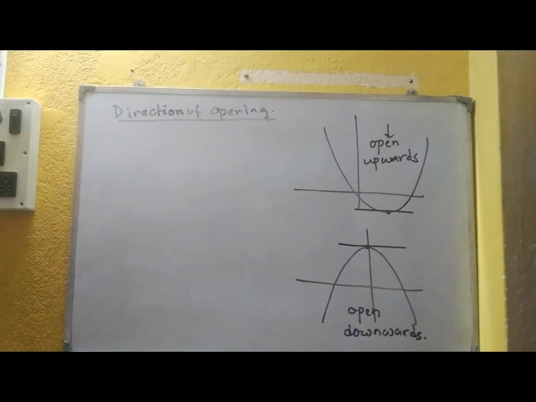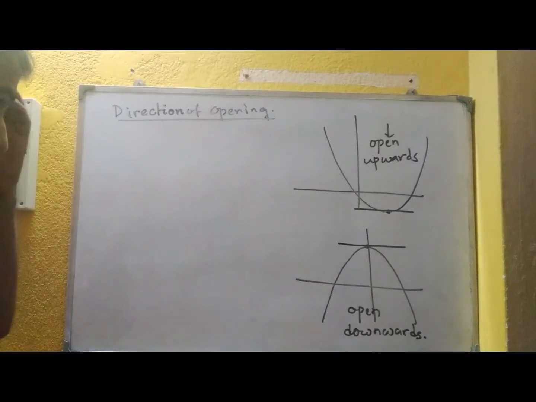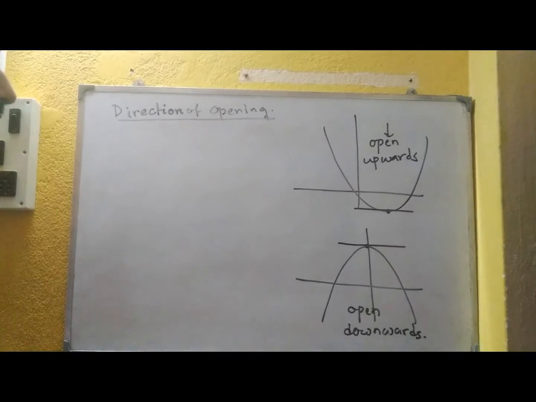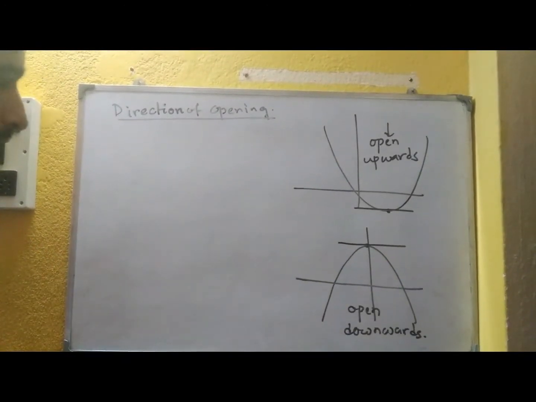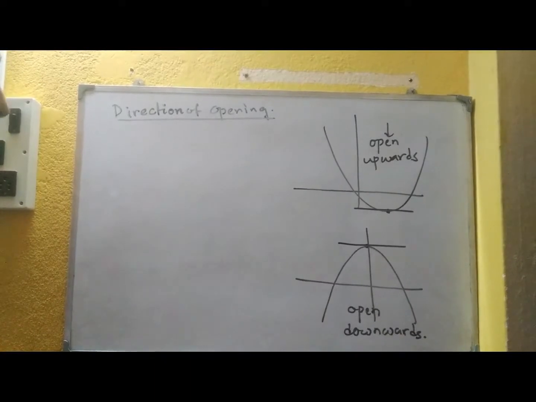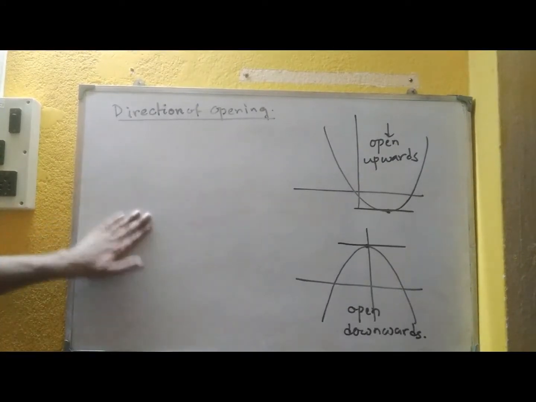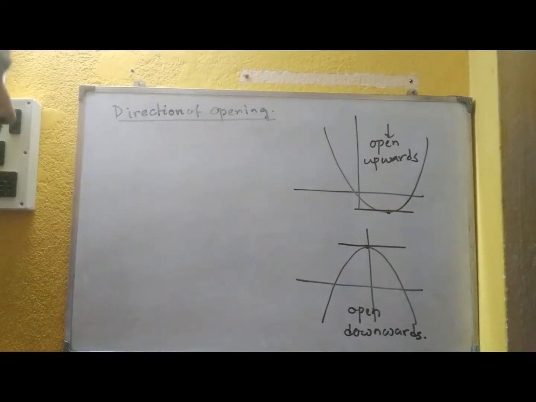So with the help of that, we will try to explain how to realize whether the graph is open upwards or open downwards.